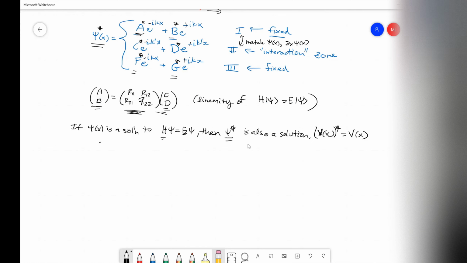So what does it mean? If we look here, it means that A and B will reverse roles. The B will be the one associated with plus ikx, and the A is the one that will be associated with minus ikx. So what has to happen is if we replace A with B star, because that's the new coefficient out in front of the plus ikx, and we replace B with A star, then it must be the same matrix that connects these two things.